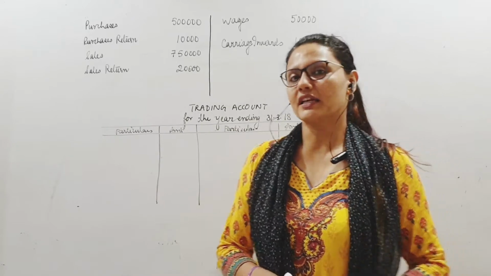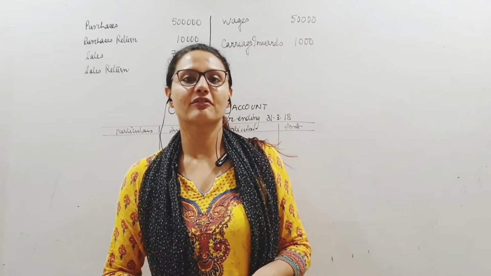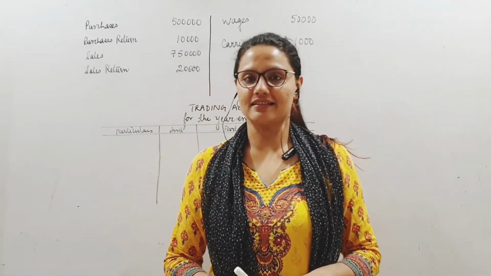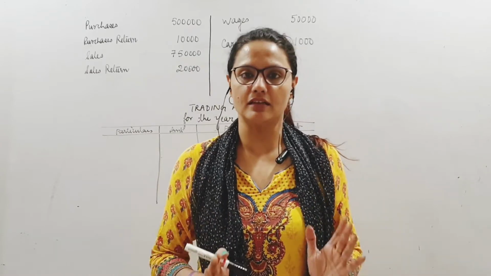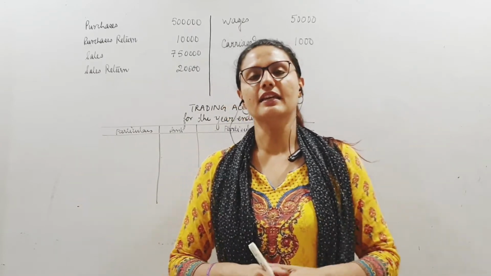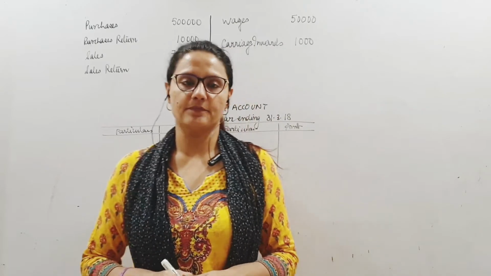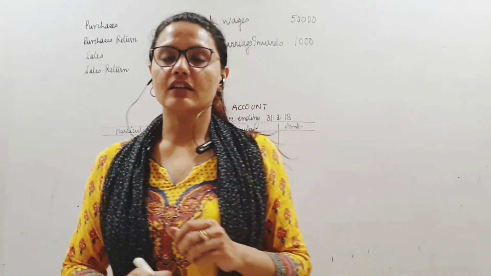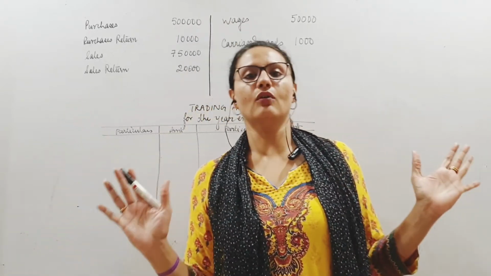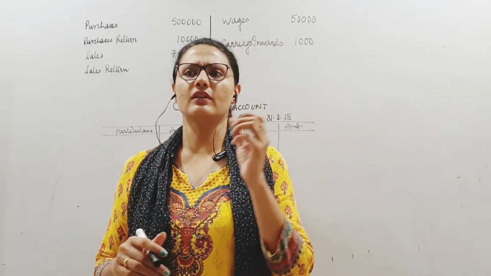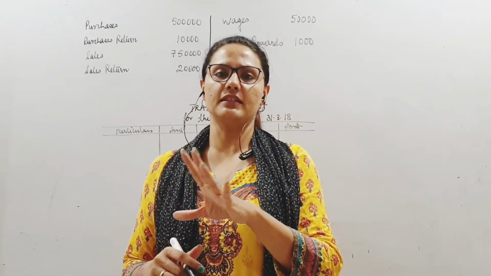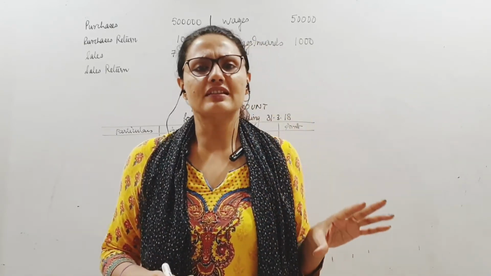So did you have a look at the format of the trading account? Yes, the first account in the whole set of final accounts. This is the first step, preliminary. What are we trying to do here? The trial balance is showing me all the figures, all incomes, all expenses, all assets, all liabilities, right? It's very simple for me.